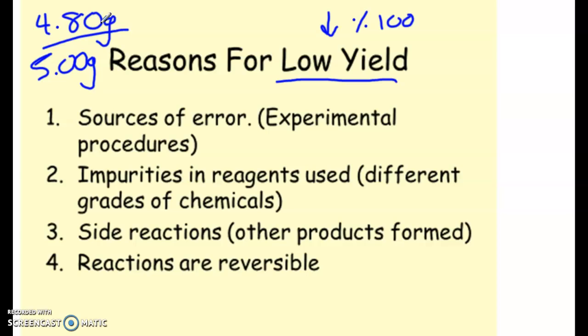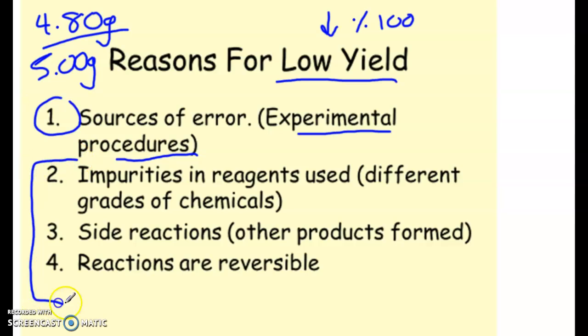Okay, so there's a couple of reasons. The first one is within your control. So this is a source of error that is done through experiment. So maybe there was just an error that was made. So this could be a human error or whatnot. But an error was made while conducting the lab. Okay, so the first one is something that is within a person's control.